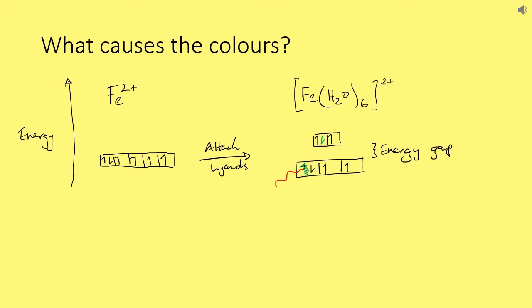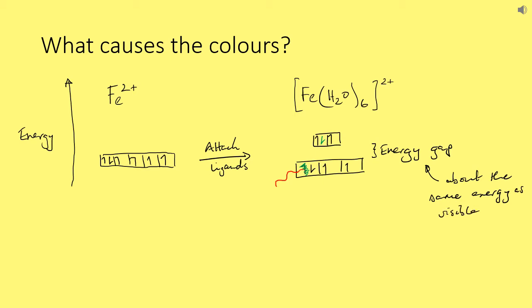Okay, so let's get a little bit mathematical now. This energy gap that we're talking about, when we're talking about transition metals and 3d orbitals, is about the same amount of energy as visible light.